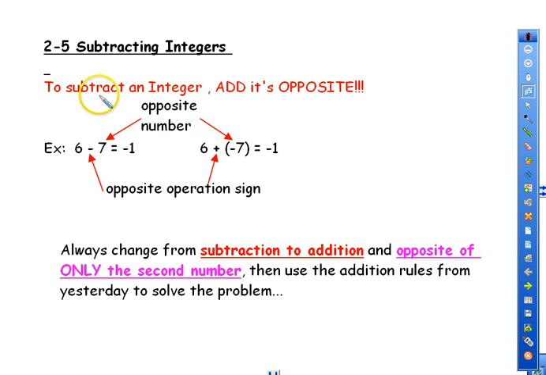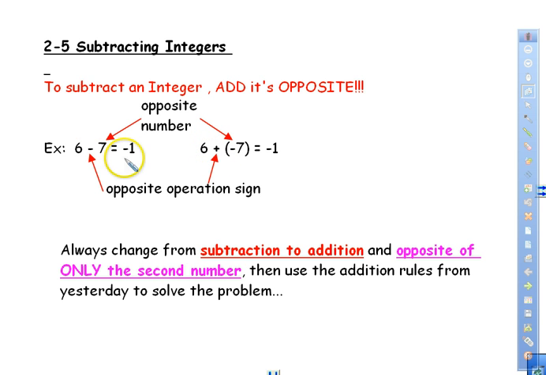All right, it says to subtract an integer, you add its opposite. Well, what does that mean? Well, right here is a clear understanding of this. We have an example of 6 minus 7, which does give us a -1. To have a better understanding of this, instead of adding another rule to subtracting and adding integers, we add its opposite, which means we're going to do the opposite operation sign.